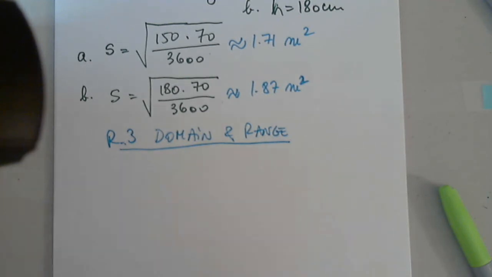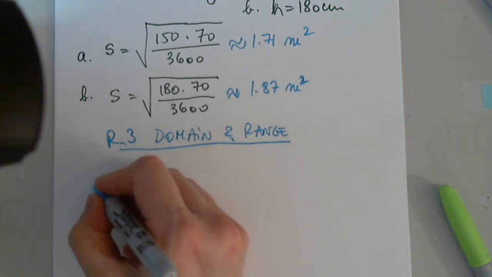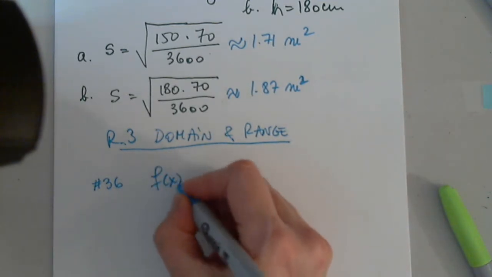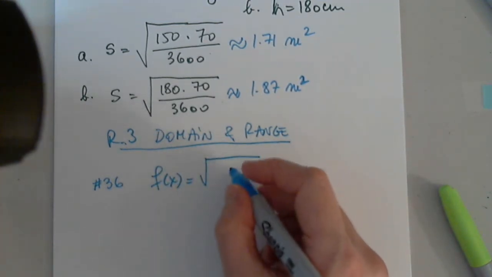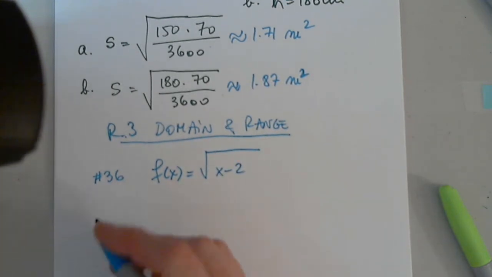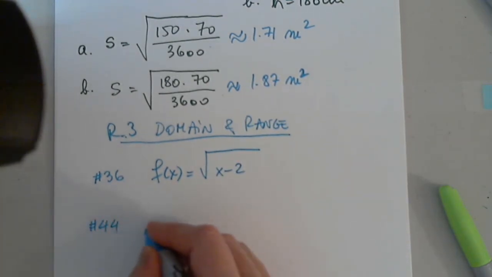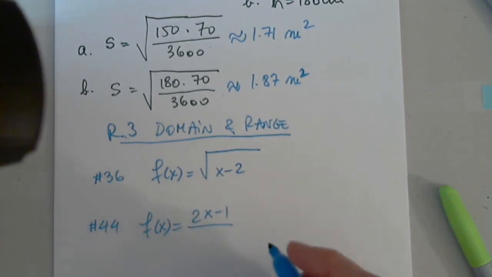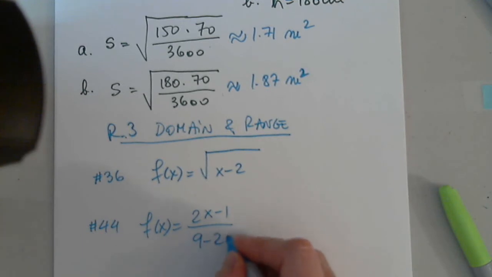Okay, so I would like us to look at problem 36, which is f of x equals the square root of x minus 2. I'm going to copy a few. 44, f of x equals 2x minus 1 divided by 9 minus 2x.